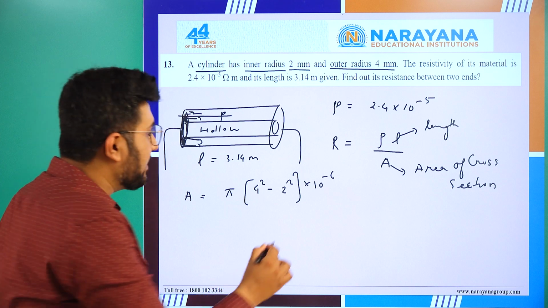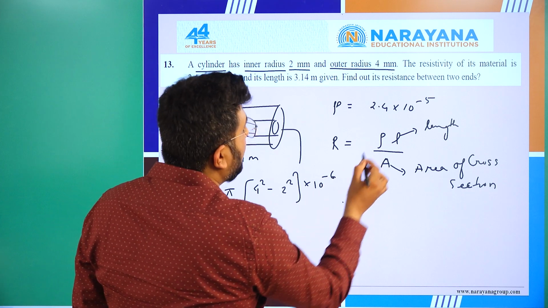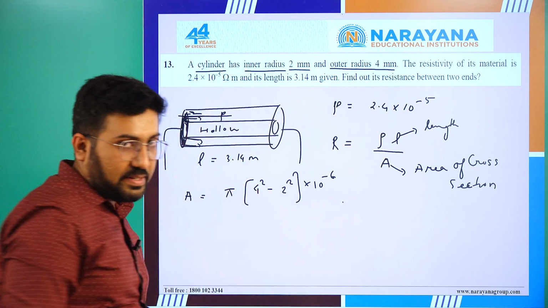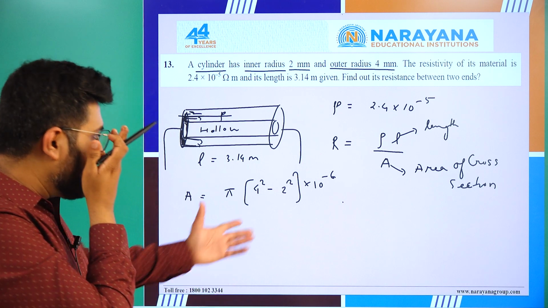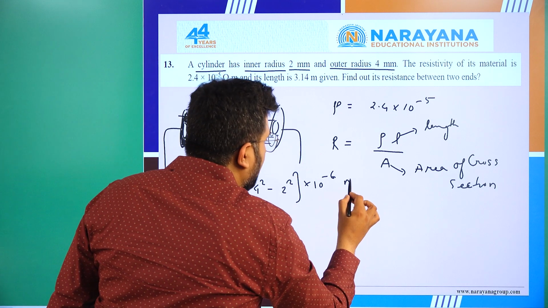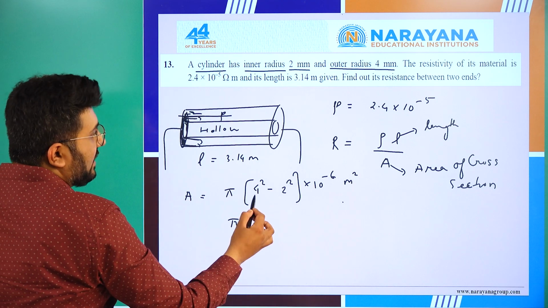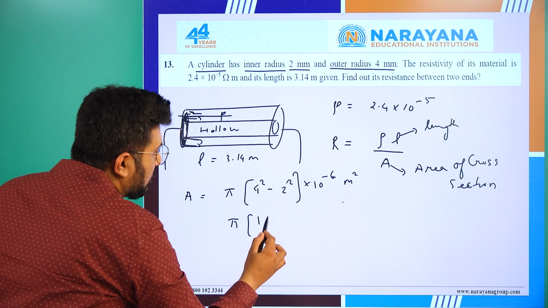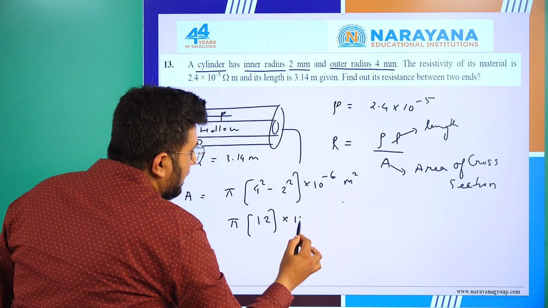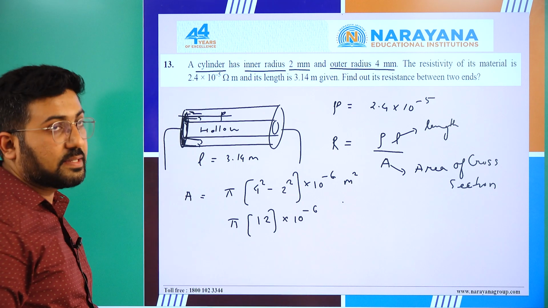Why 10 raised to the power minus 6? Because they have given you the radius in millimeter. So 1 millimeter I am converting into SI unit. So this will be in meter square. So I will get pi into 16 minus 4, that is 12, into 10 raised to the power minus 6.